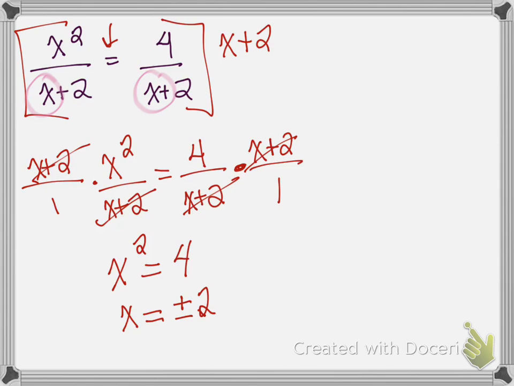Yes, it is okay. What is not okay is for me to have negative 2 plus 2. What happens with negative 2 plus 2? Negative 2 plus 2 is 0.